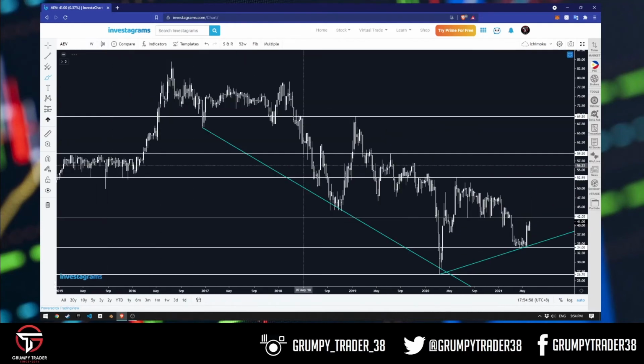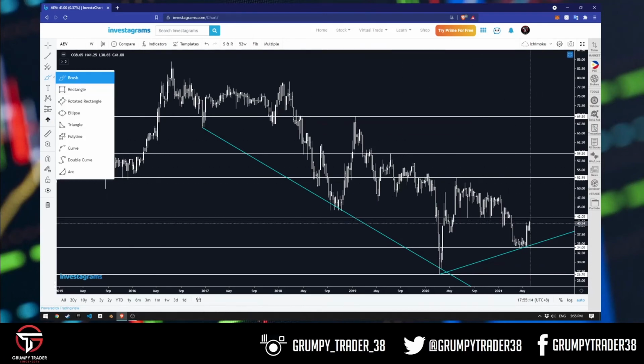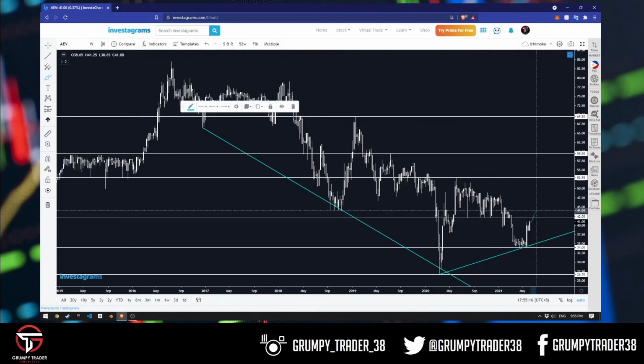Now, if we broke above a weekly level, then I would be targeting the next monthly or weekly level depending on what's closer. So, kunyari, nabasag natin to. I would be targeting 53, and I would look to take a chunk of my profit off here.